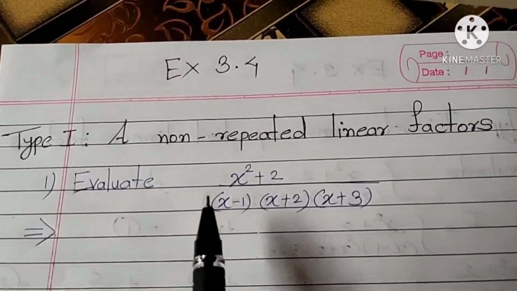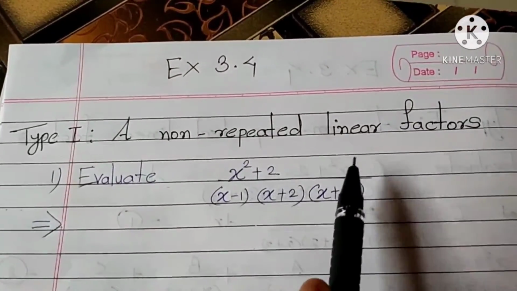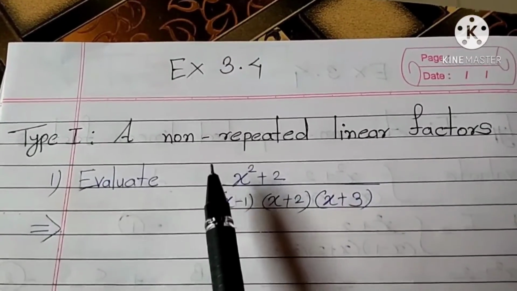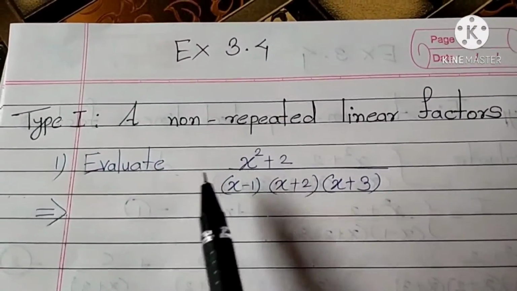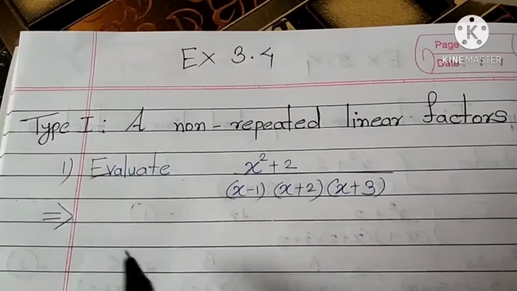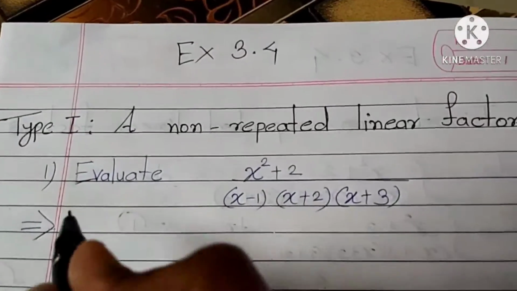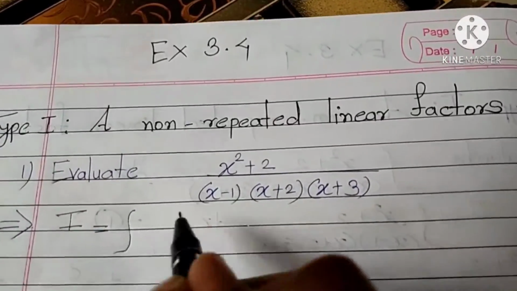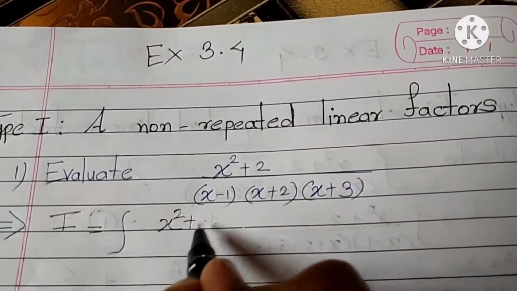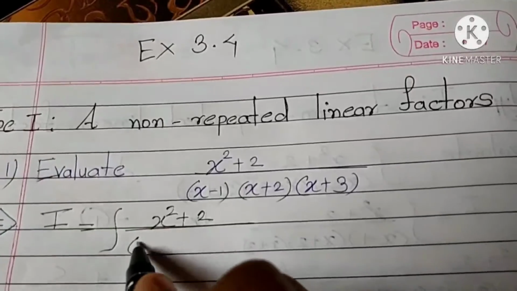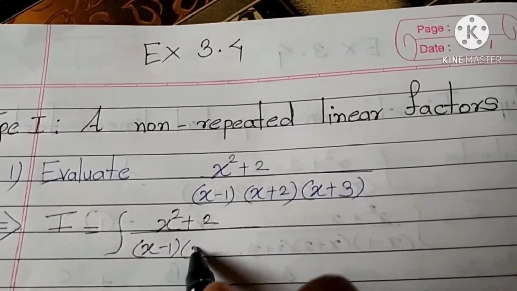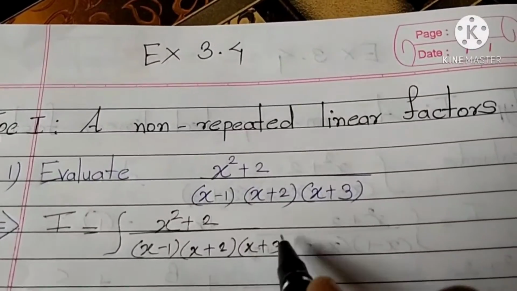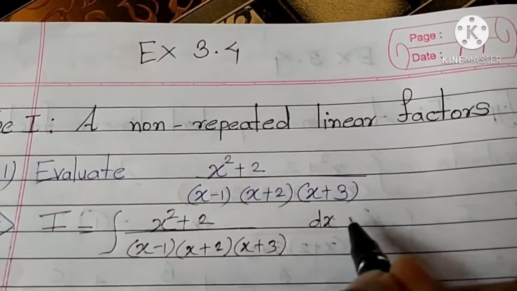So here it is our first type, that is a non-repeated linear factor, and this is the first example from exercise 3.4. Evaluate this. First take I is equal to the integration of x square plus 2 upon x minus 1, x plus 2, x plus 3, dx.